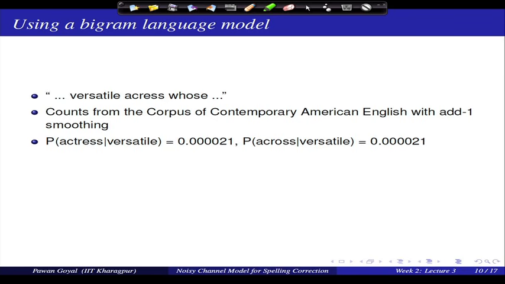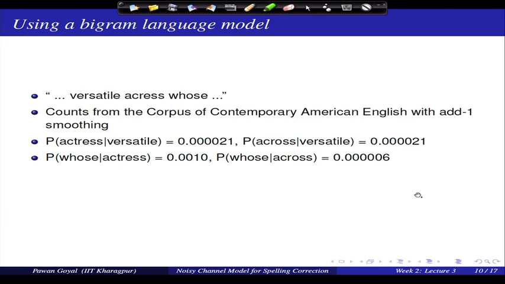Versatile across many different fields and versatile actress might have the same sort of probability of occurrence in the corpus. Now what about the other bigram, the other two word combination, that is actress huge and across huge? We see in the corpus that actress huge has a much higher probability than across huge.